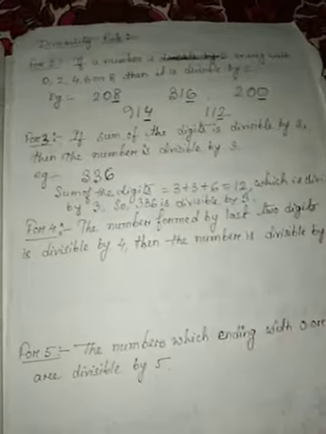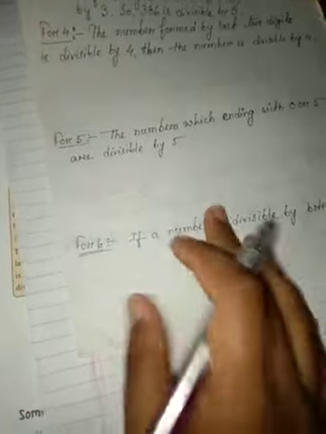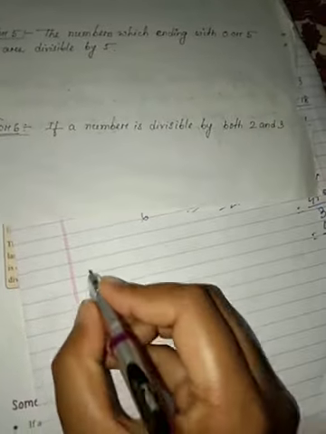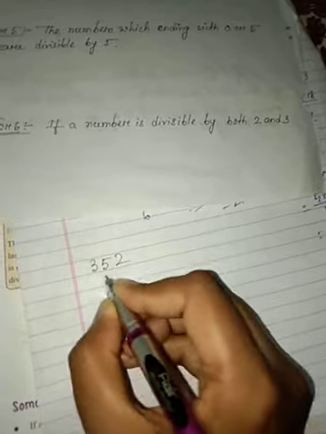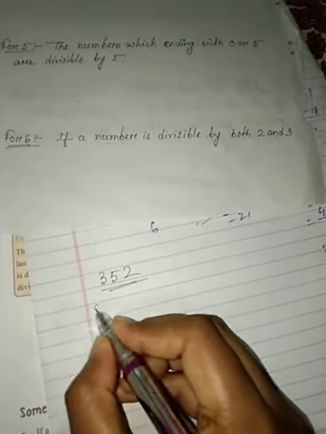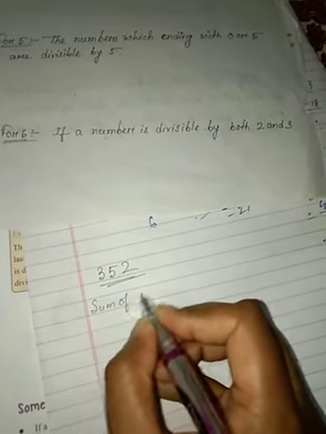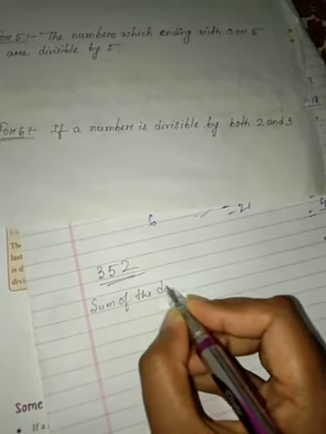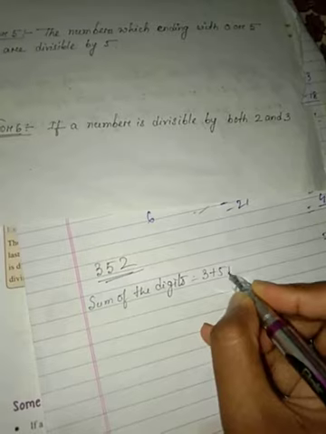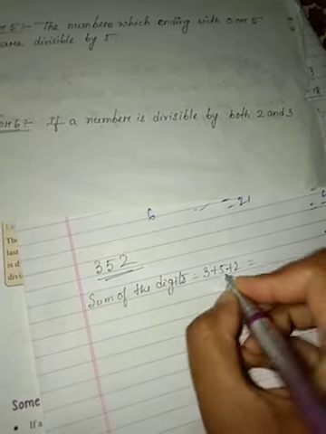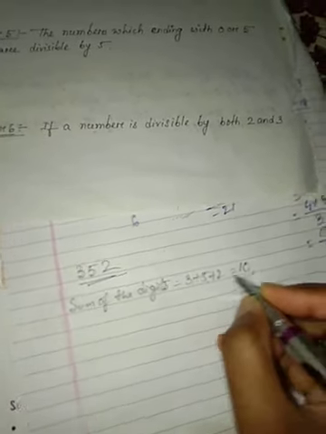Now see another example. The number is 352. We find the sum of the digits: 3 plus 5 plus 2. 3 plus 5 is 8, 8 plus 2 is 10.